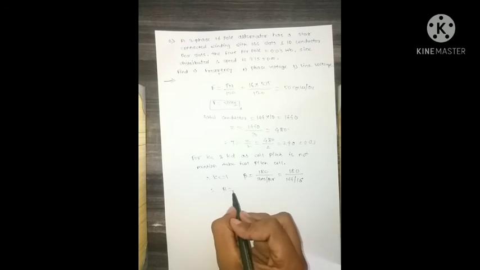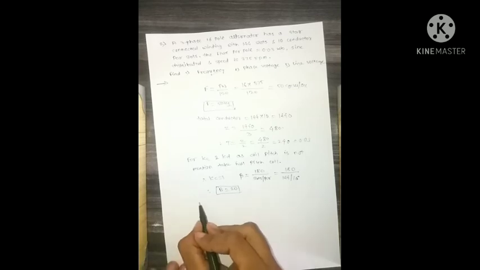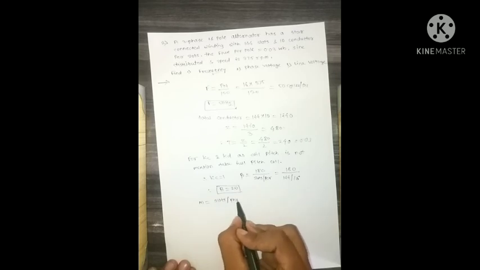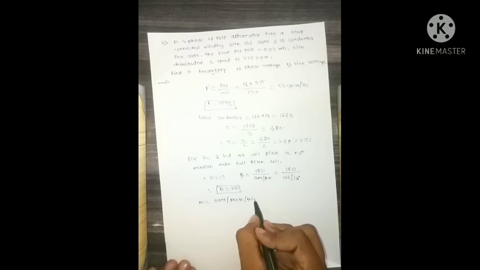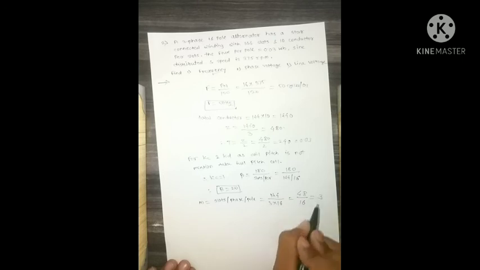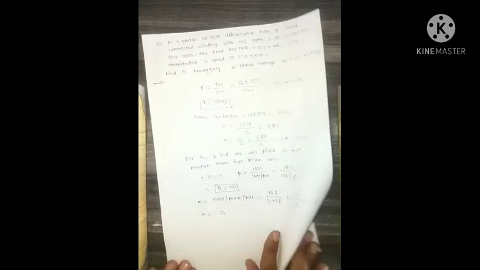Therefore beta equals 20 degrees. Now small m equals slots per phase per pole equals 144 divided by 3 into 60, equals 48 upon 16, equals 3. That means m equals 3.